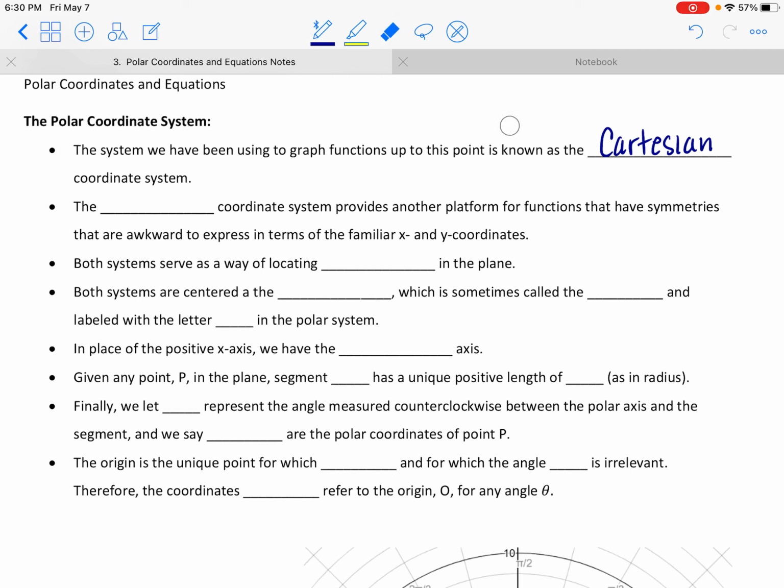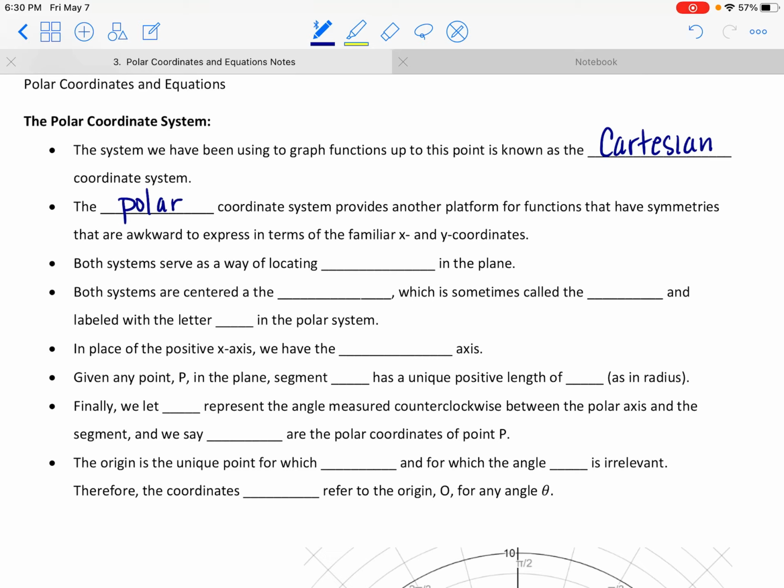The polar coordinate system is what we're going to be looking at today. It basically provides us another platform for functions that have symmetries that are just a little awkward to express in terms of x and y, because they're relationships between angles and radii, things that we deal with in trig.